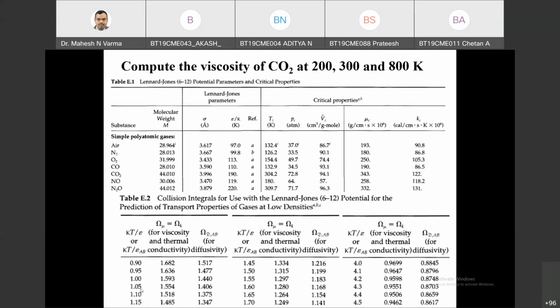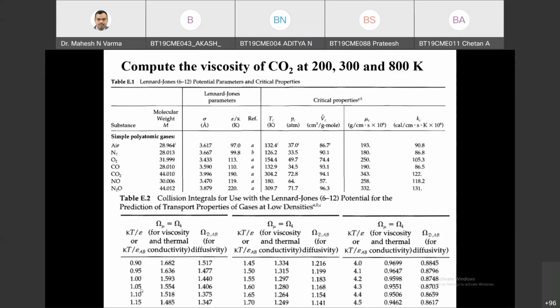What will be the value of your collision integral? 1.554. Okay, so what will be the value of viscosity at 200 Kelvin? 1.009 into 10 raised to power minus 4 gram per centimeter second. Very good. So units are very, very important.